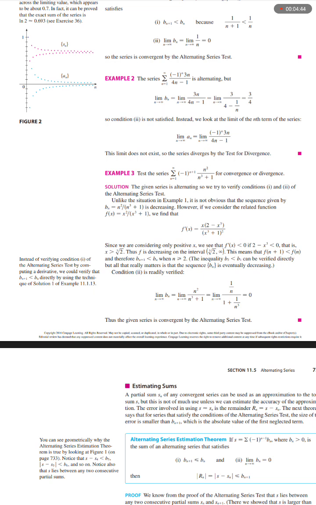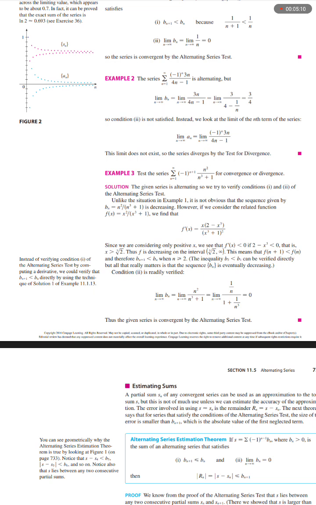Since we are considering only positive x, we see that f prime of x is less than 0 if 2 minus x cubed is less than 0. That is, x is greater than the cube root of 2. Thus f is decreasing on the interval (cube root of 2, infinity).